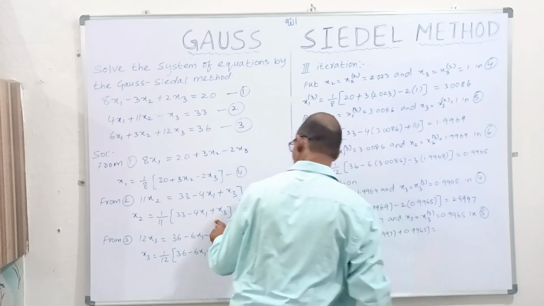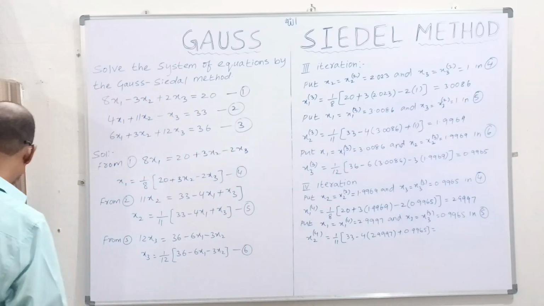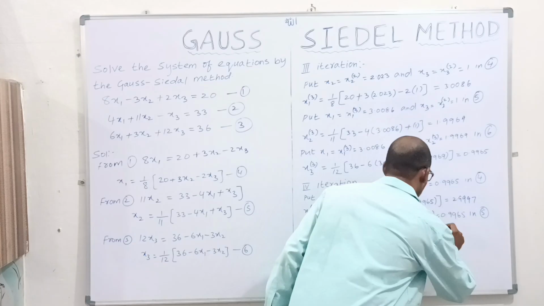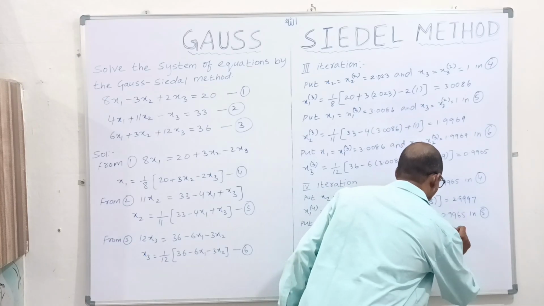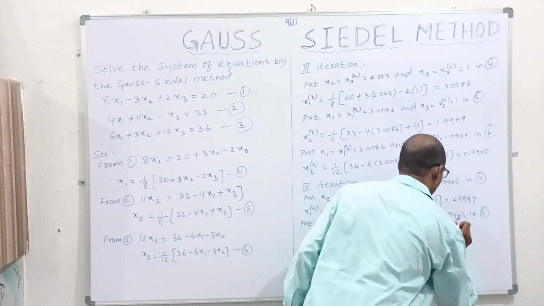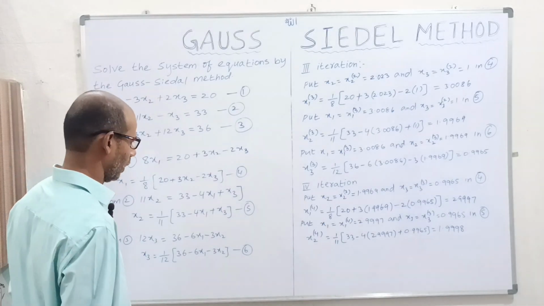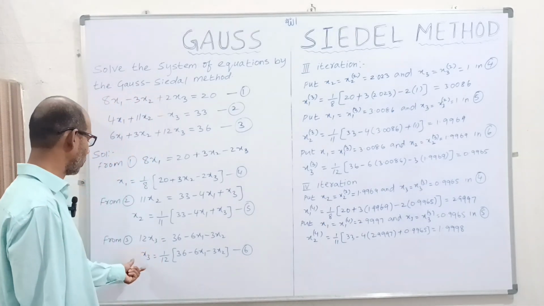Bracket close. On simplifying, we'll get 1.9998. On simplifying, we'll get that value, right?